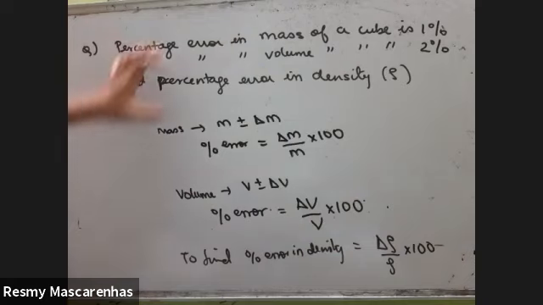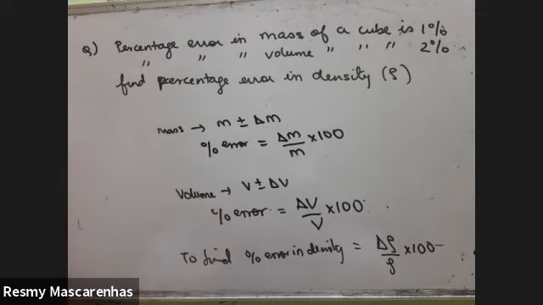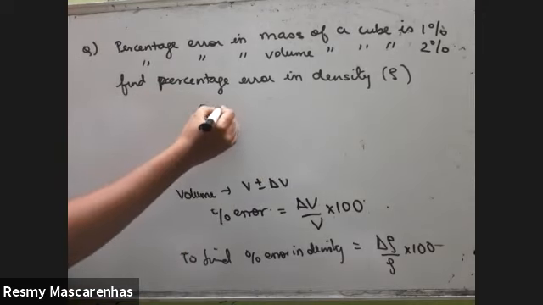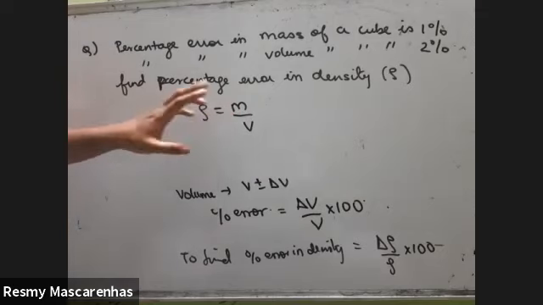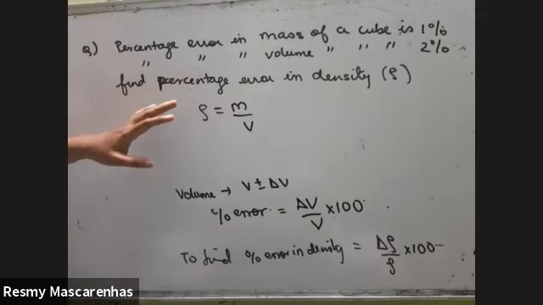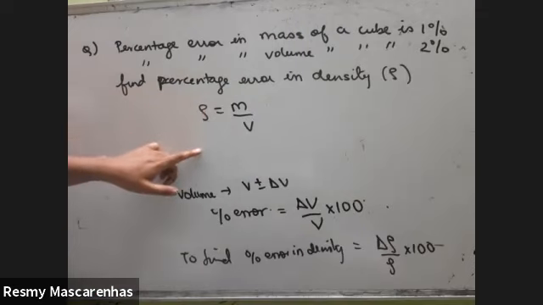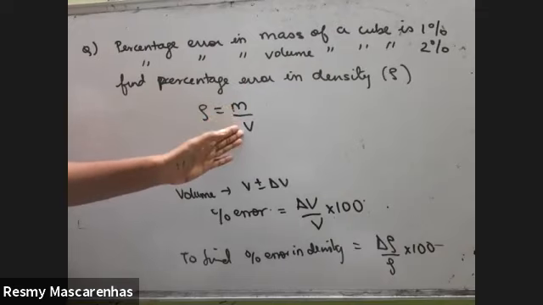So whenever all the data has been given to you in percentage error form, what you have to basically do is just take the normal formula, density is mass upon volume. Now, are the actual lengths given to you? Like how we were doing in the previous problem, we were doing 2 steps. First we have to find rho and then we have to find delta rho. But here normal rho also we don't know, what is M, we don't know what is V, we don't know.